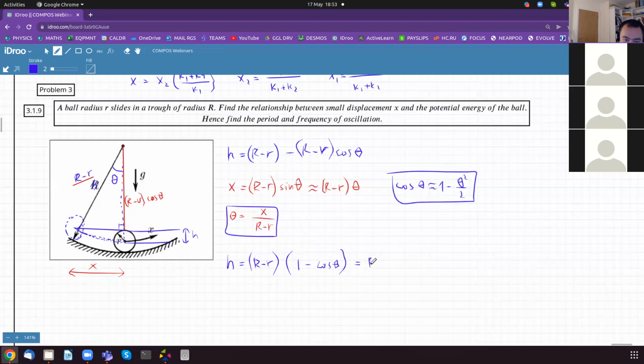So we get R minus R, 1 minus 1 plus theta squared over 2.